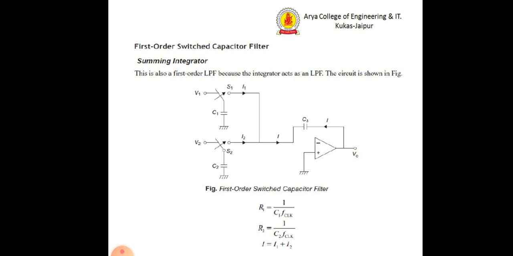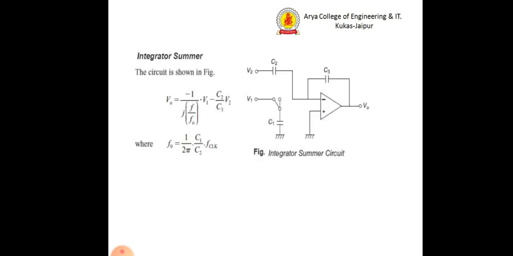Here you can see the switch capacitor with switching indicated by the S1 and S2 switches, and the capacitance values by C1 and C2, and hence this particular circuit will work as a summer and also as a first order switch capacitor filter. This is about the working of the switch capacitor in different applications.